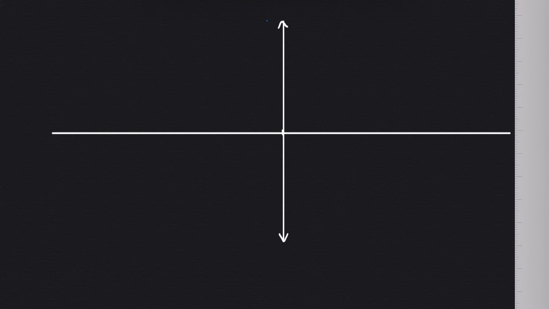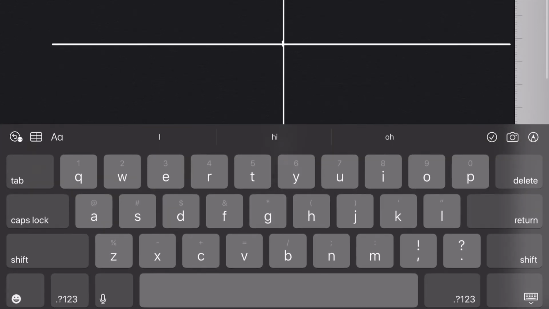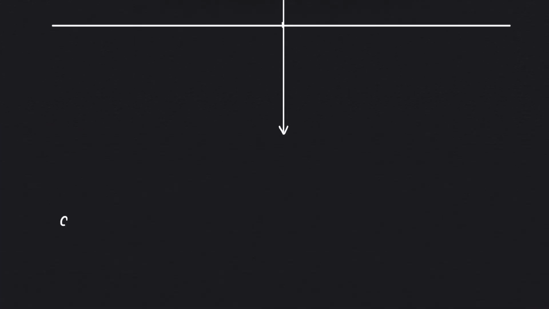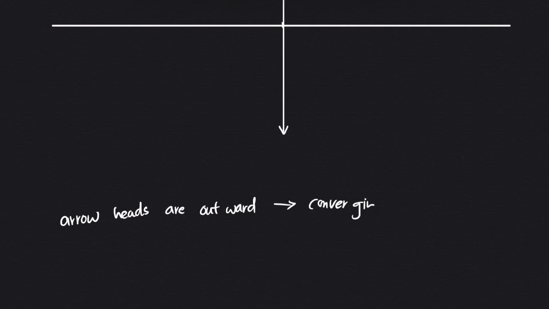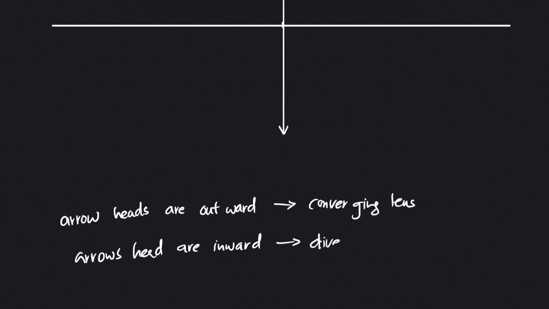When the arrowheads are outward, it means it's a converging lens. When the arrowheads are pointed inward, it means it's a diverging lens.